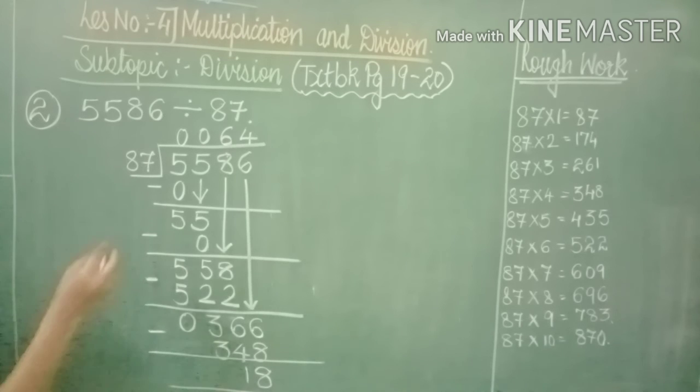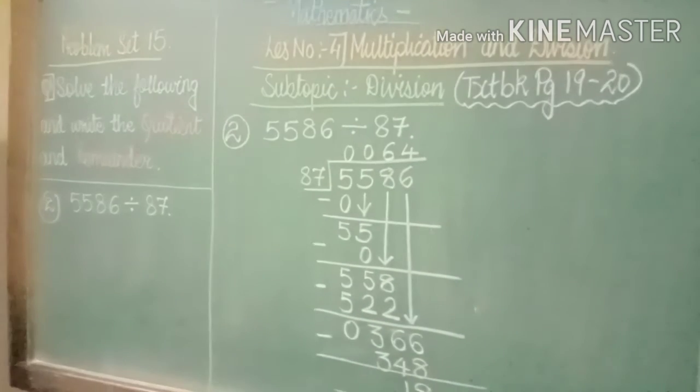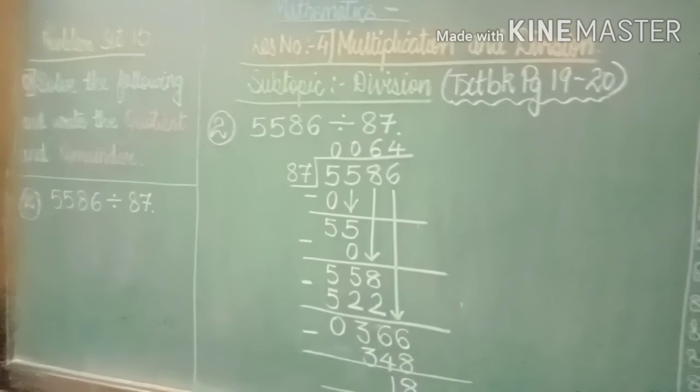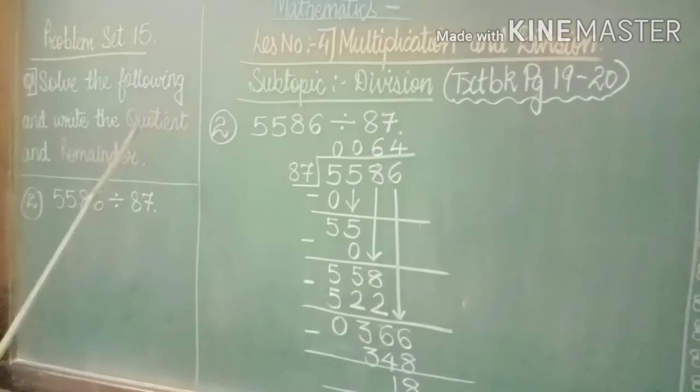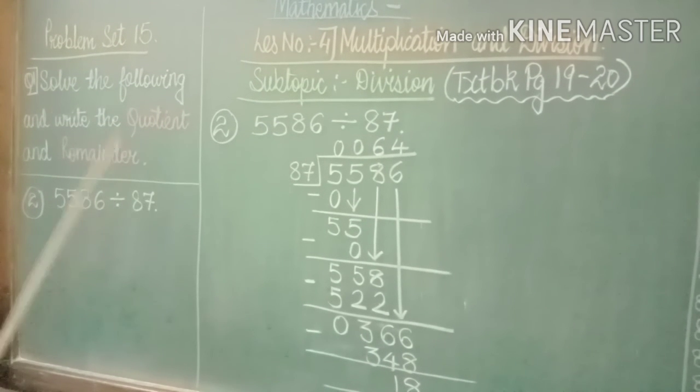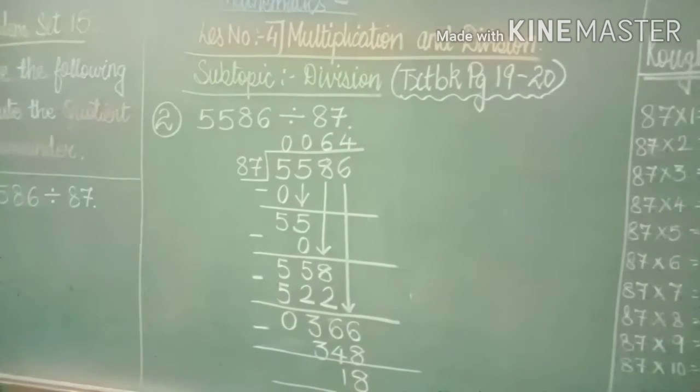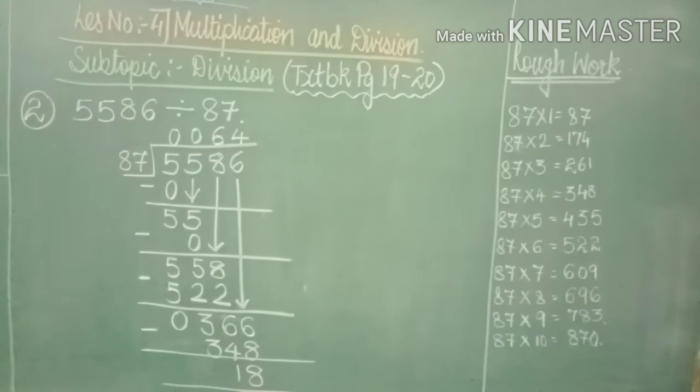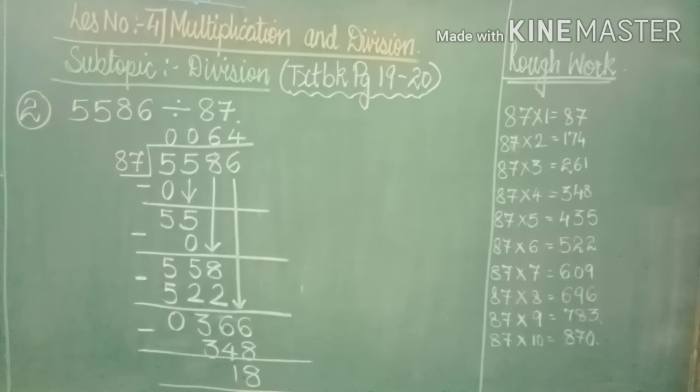So this part, what they have asked in the question, they have asked in the question to find out the quotient and the remainder. So we will be writing the quotient and the remainder to make it very easy for you to understand.